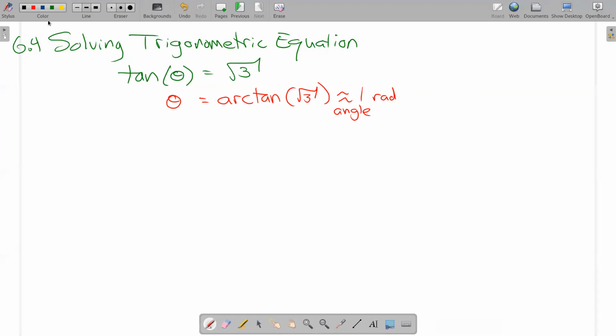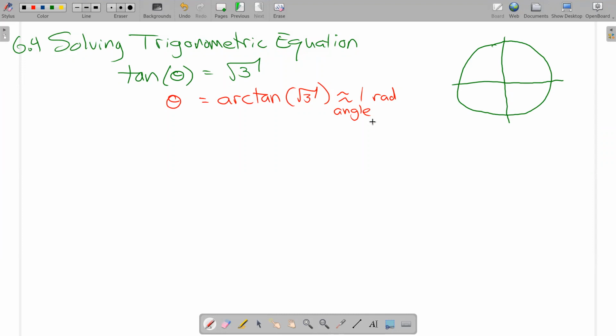Let's look at the unit circle. Think about that. It's my best unit circle for the moment. Y-axis, x-axis, 1 radian. So that's the angle.